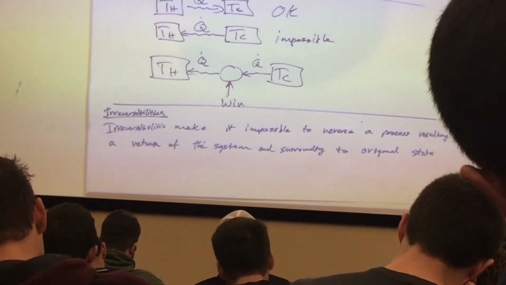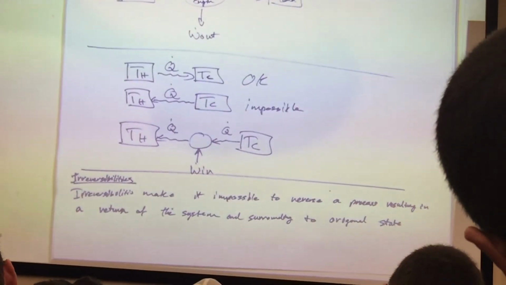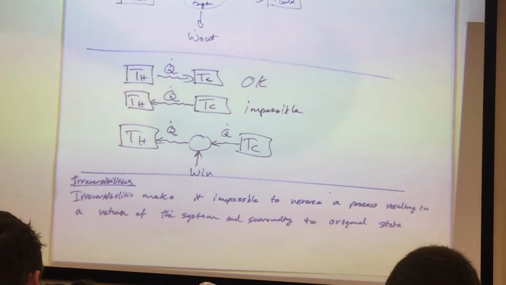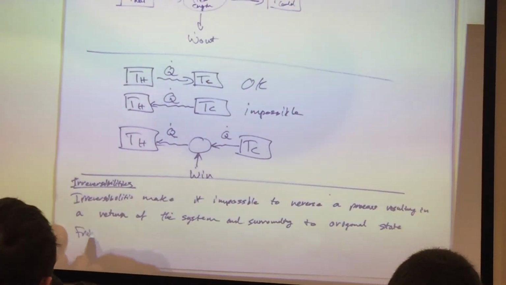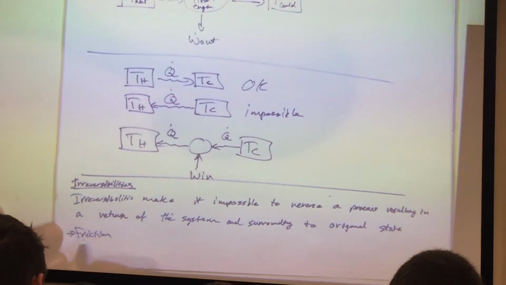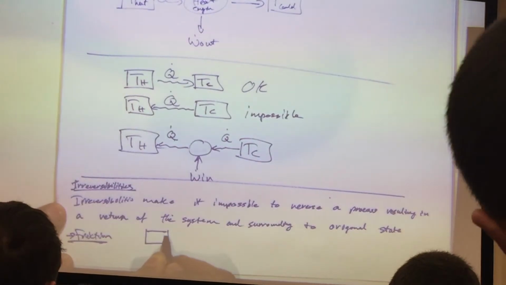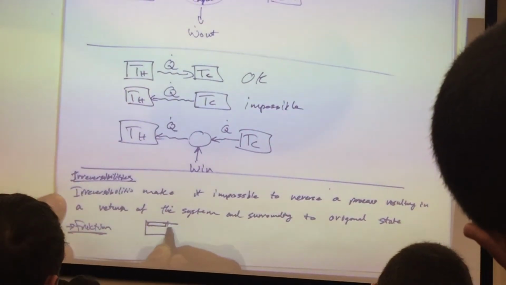So there are different sources of irreversibilities in general that you have to account for. One of the major ones that we always have to work with is friction. Think of your piston. I have friction right here.